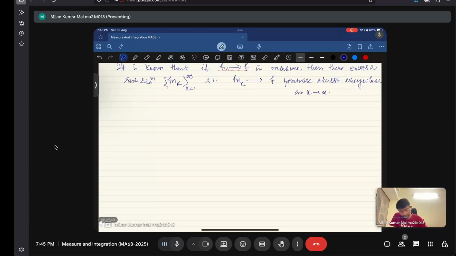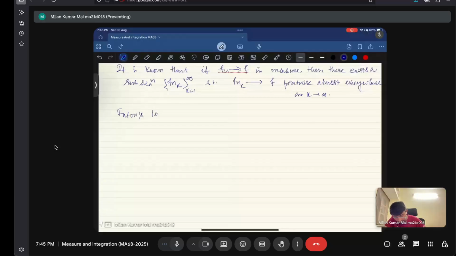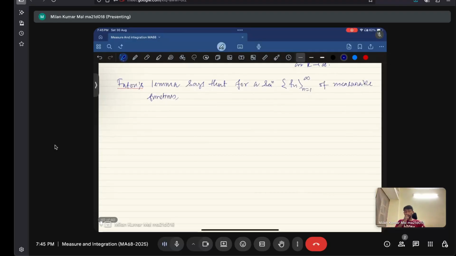Then note that Fatou's lemma says that for a sequence of measurable functions fn, the integral of the limit infimum as n tends to infinity of fn d mu is less than or equal to the limit infimum as n tends to infinity of the integral of fn d mu.